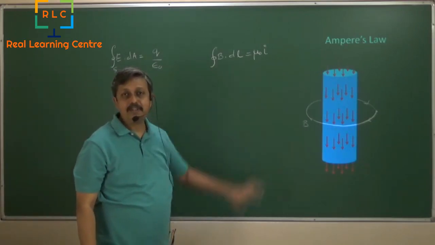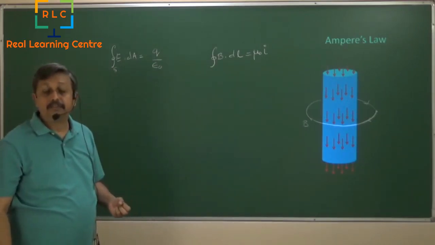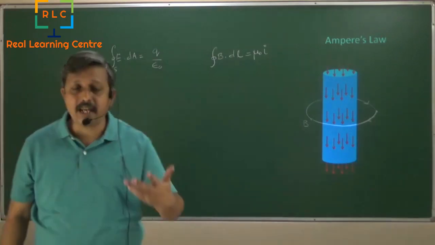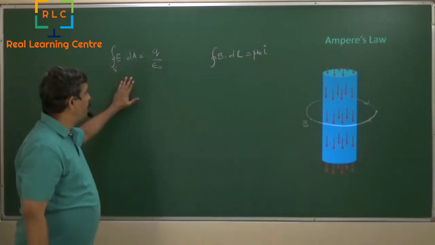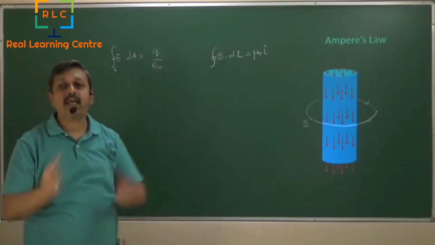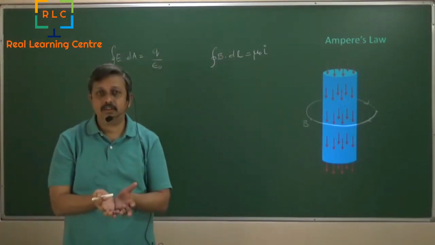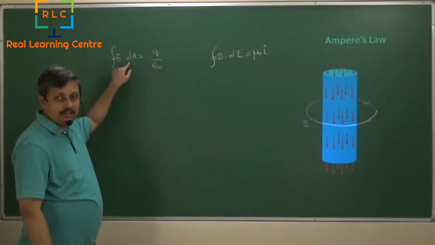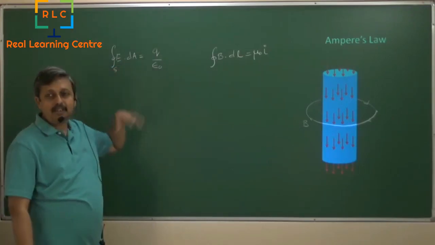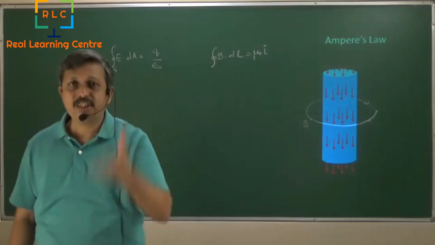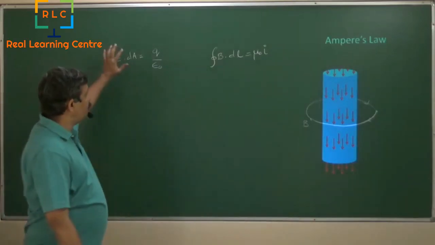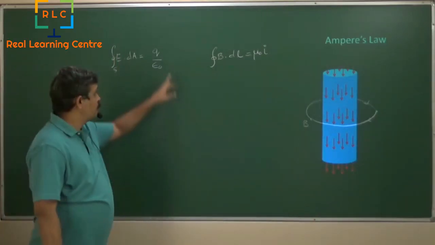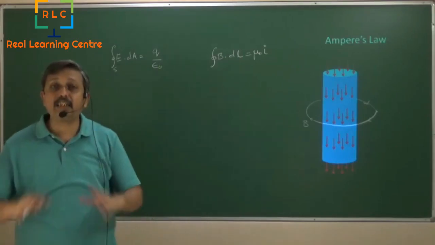If you look, there is a symmetry. In Gauss's law we take a closed surface, and over the closed surface we take flux, E dot dA, which is field into area. That flux will be equal to Q by epsilon naught, the enclosed charge.